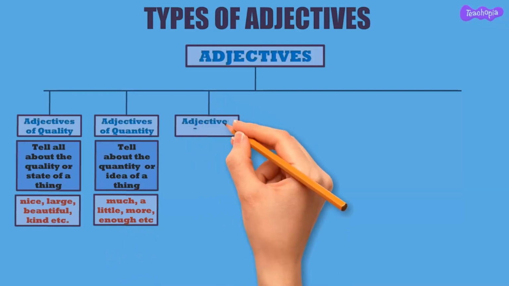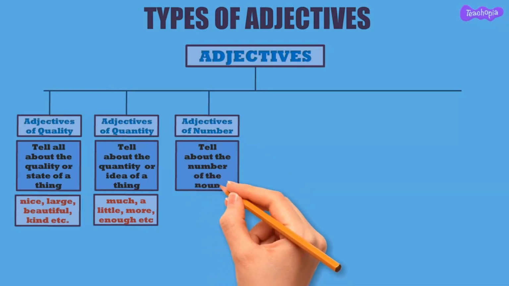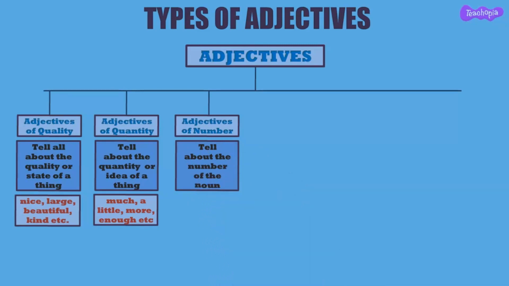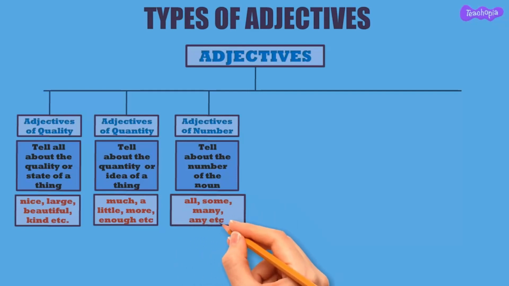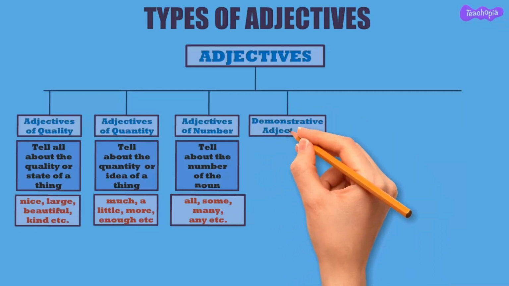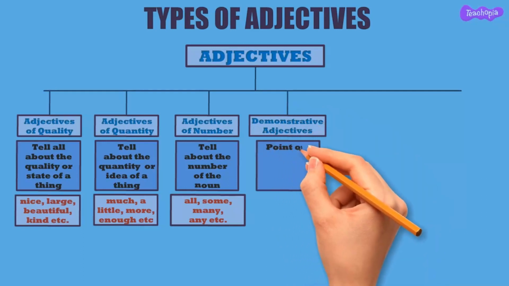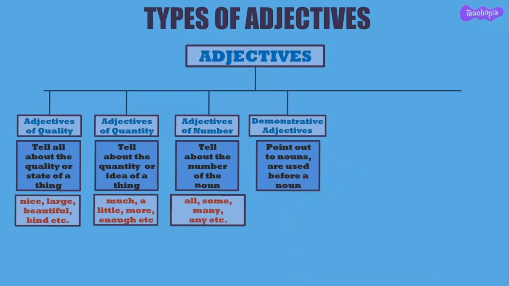Third, adjectives of number. They tell us about the number of the noun. For example, all, some, many, any, etc. Fourth, demonstrative adjectives. They point out the nouns and are used before the noun.